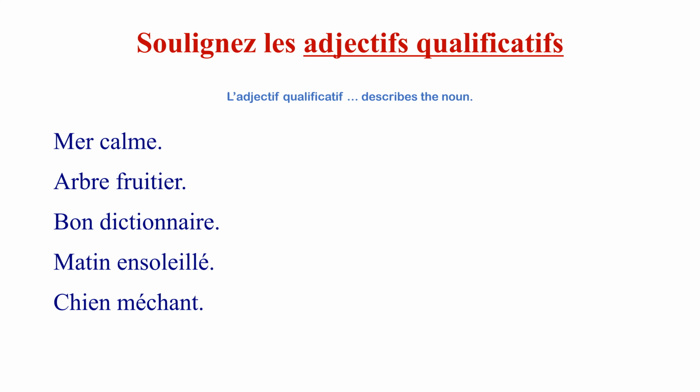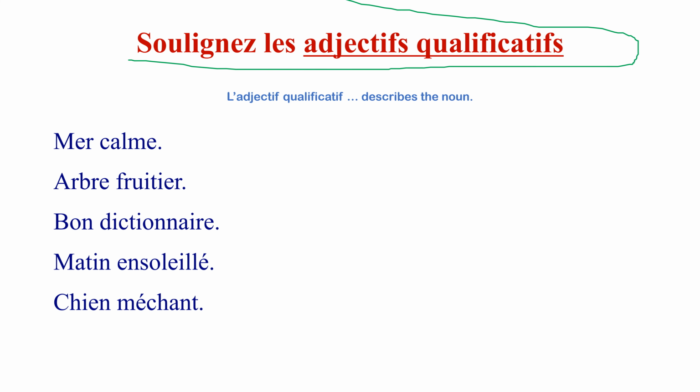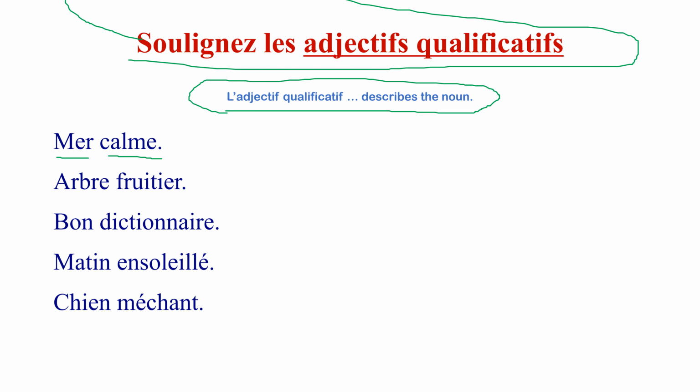Now, let's do some practice here. Okay? If we say souligner les adjectifs qualificatifs, I want you to underline the qualifying adjectives. Now, keep in mind, what it does, it simply describes a noun. That is the purpose of an adjectif qualificatif. So if we say mer calme, which one do you think is a noun?